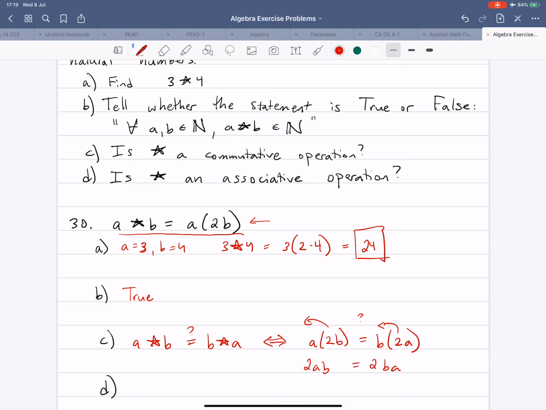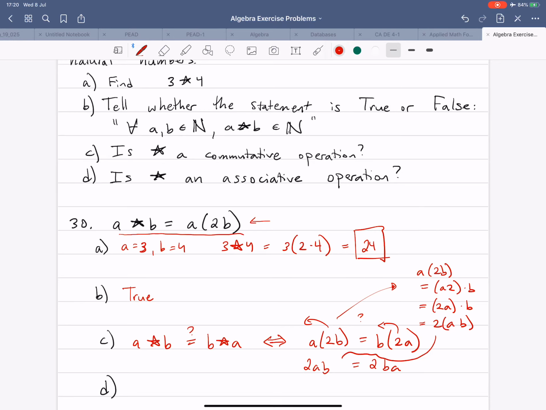If we were being really careful here, we would write this as A times 2B is the same as A times 2 times B. That's coming from associative, which is the same as 2 times A times B. That's coming from commutative, which is the same as 2 times A times B. That's coming from associative.